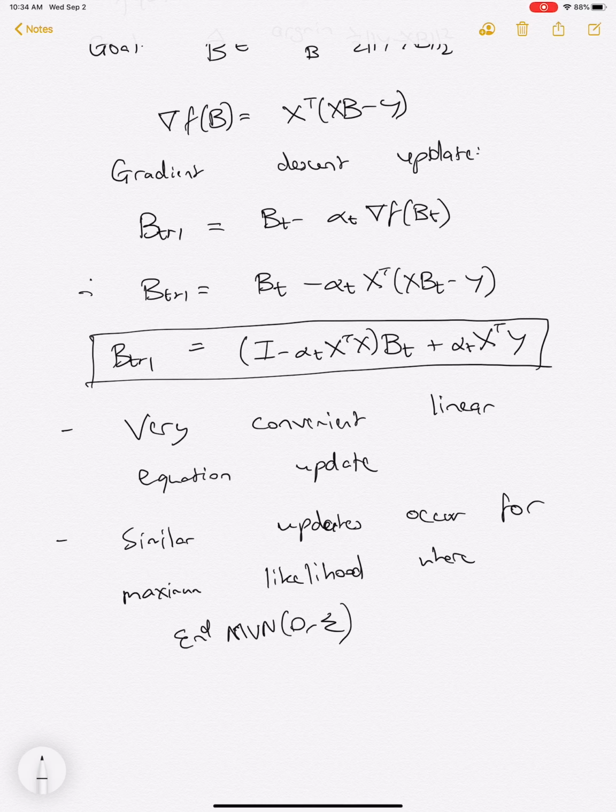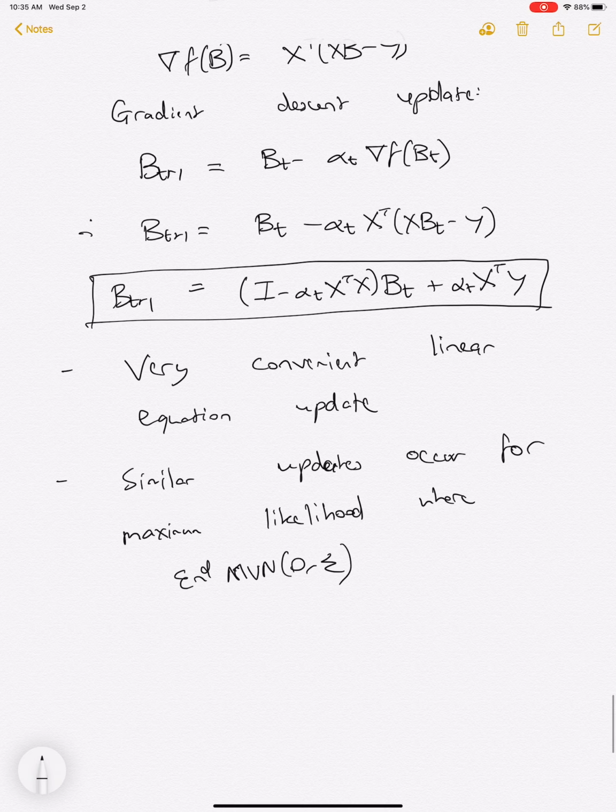If we have maximum likelihood where epsilon is multivariate normal with mean 0 and covariance sigma, we're going to get very similar nice update equations, because we're minimizing a quadratic.